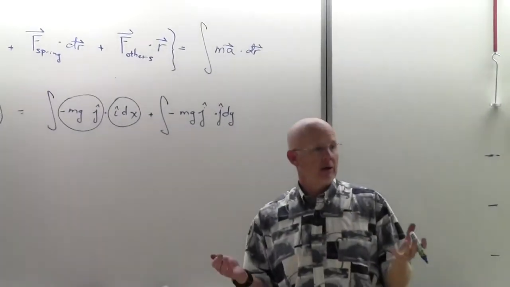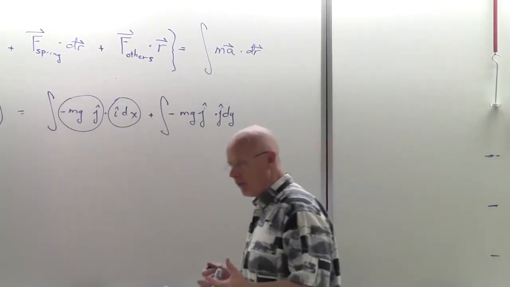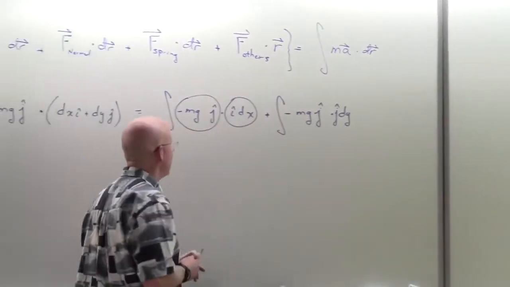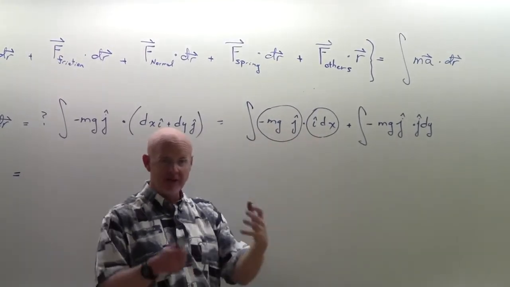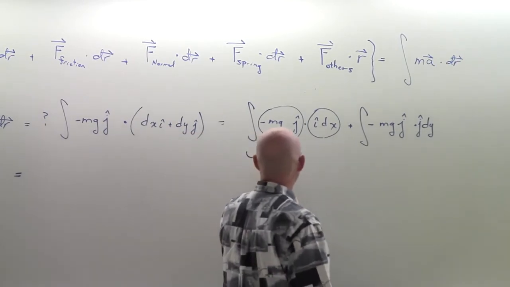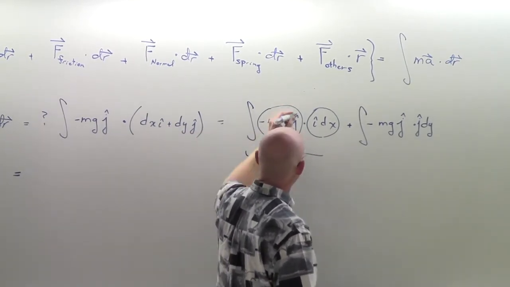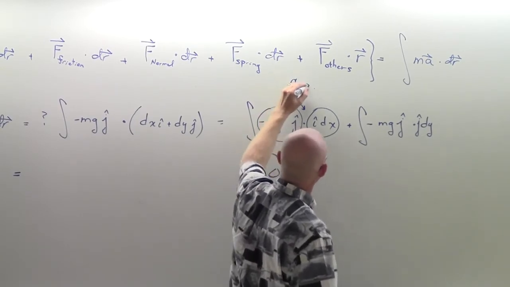Well, going way back to the beginning of this lecture, the amount of work depends on how much of this force is in the direction it moved, which would be 0, exactly. And so this is 0. If you like, there's your dot product, right? This is the cosine of 90 degrees.